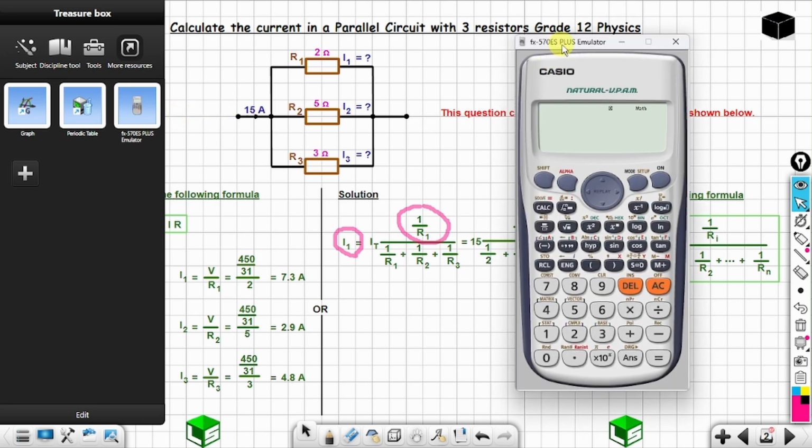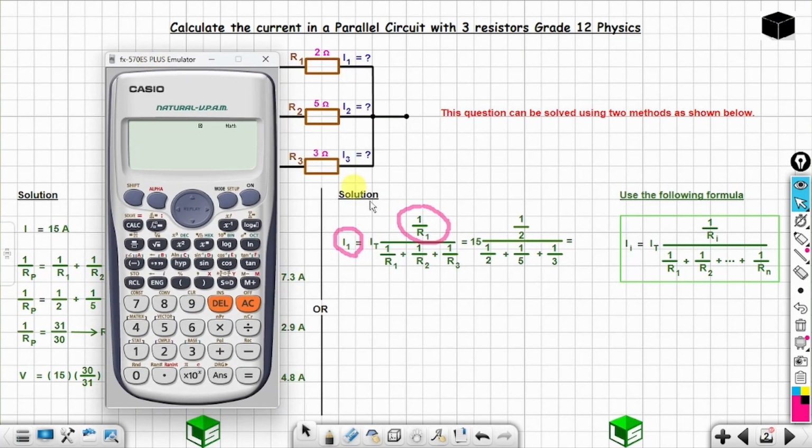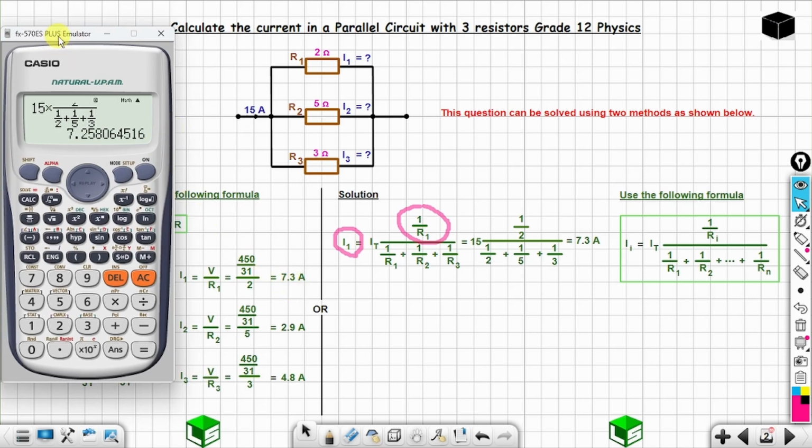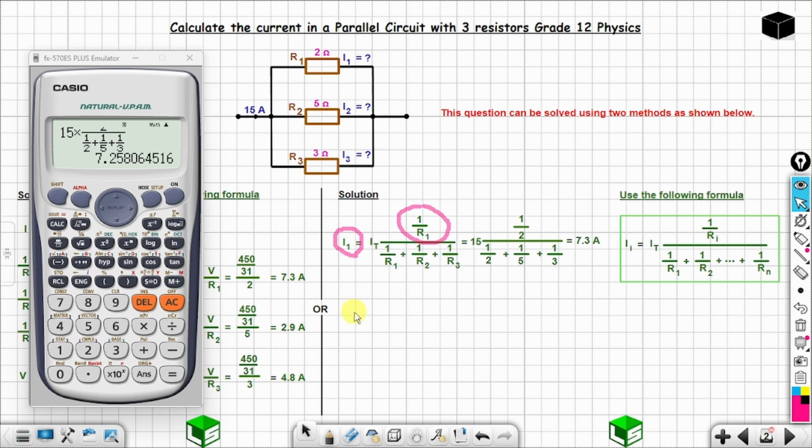You can use your calculator: 15 times that gives you 7.3 amperes.